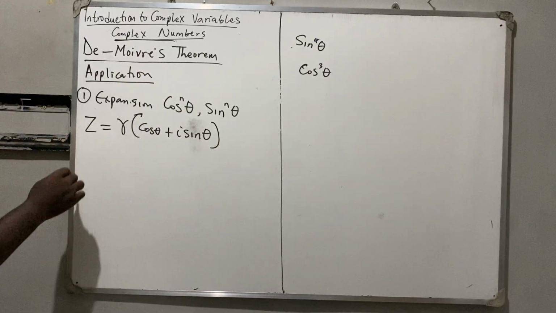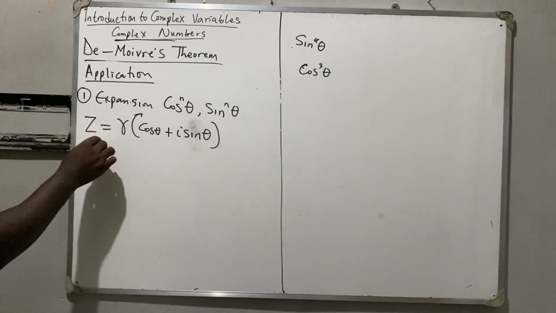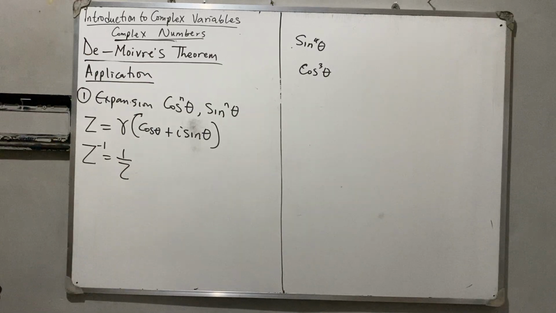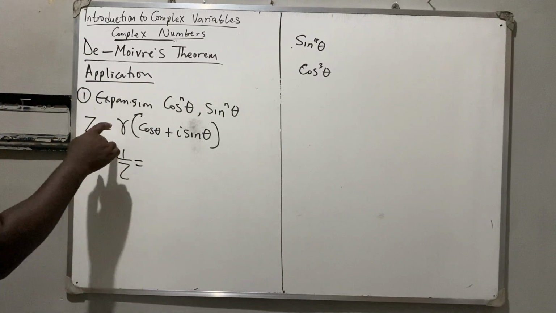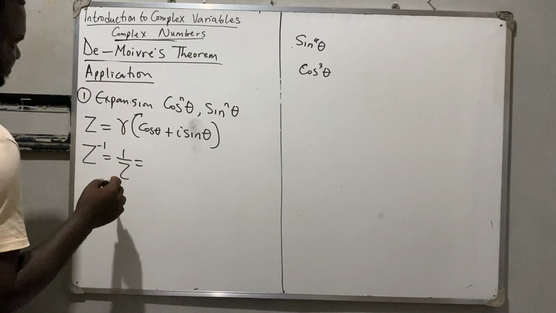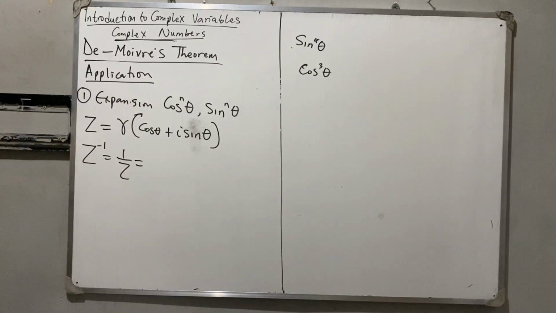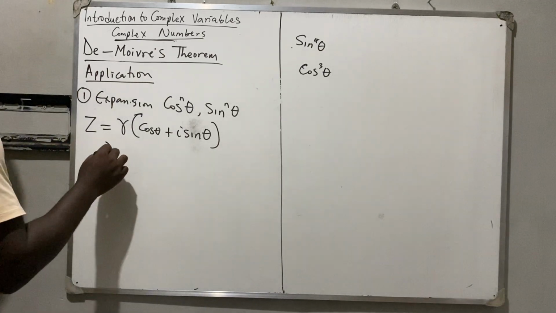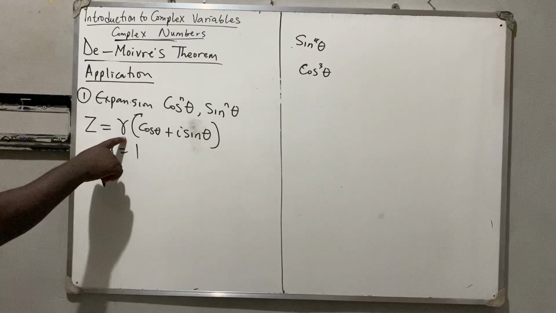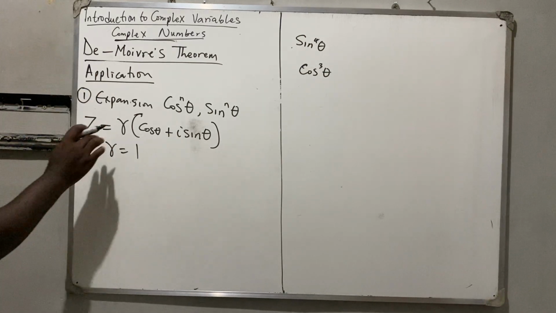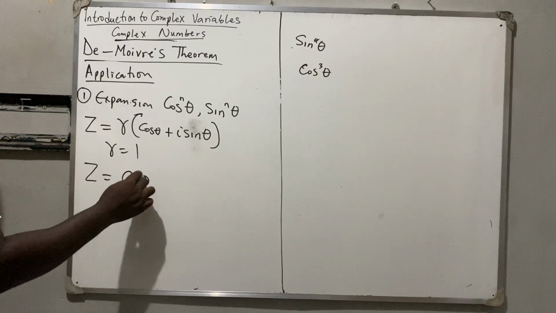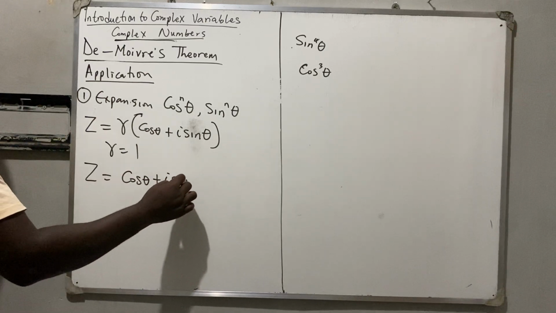Okay, but before we do this, first of all, let's set r to be 1, so that r will not disturb us in what we are doing. So if r is 1, we now have that z is equal to just cos theta plus I sine theta.